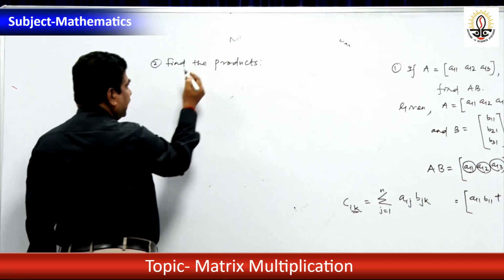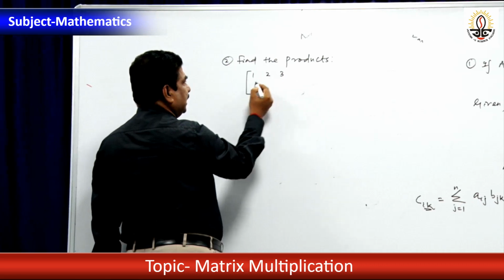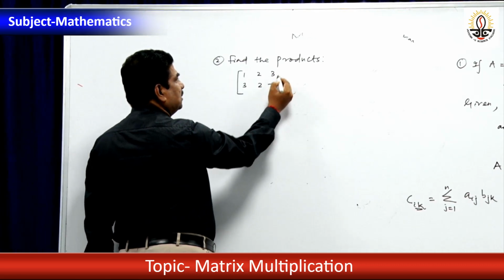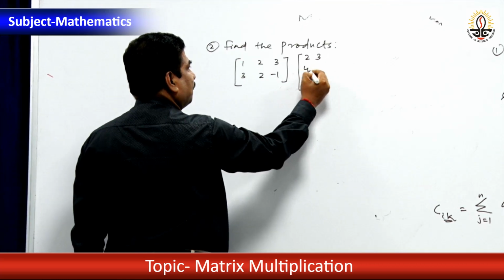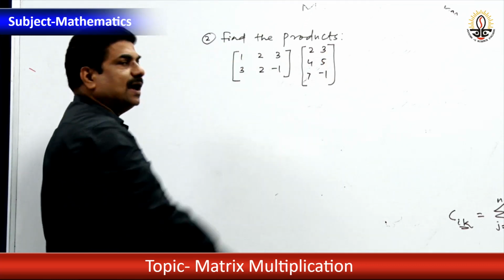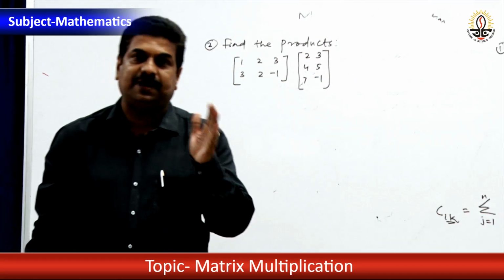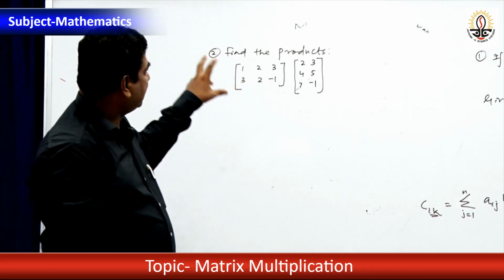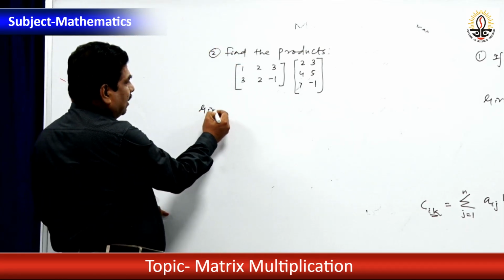Here you write directly the question: 1, 2, 3, 3, 2, minus 1, into 2, 3, 4, 5, 7 and minus 1, dear. We have to find the product of these two matrices. First we have to check the first matrix. What is the order of the first matrix? Here you write first given. What will be the solution?